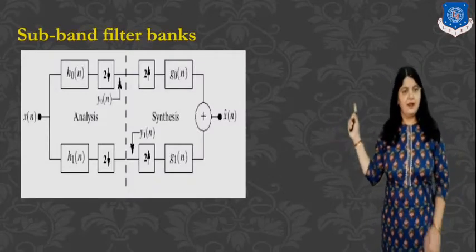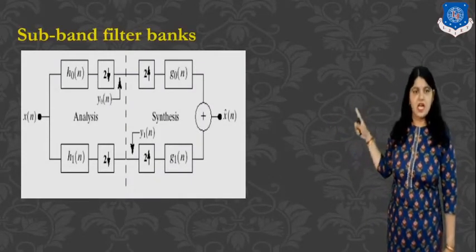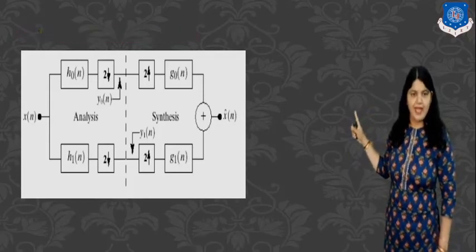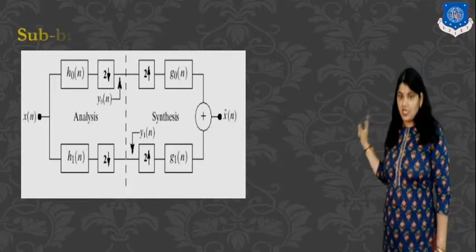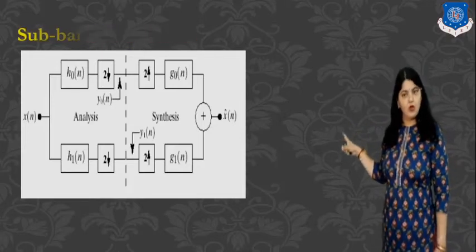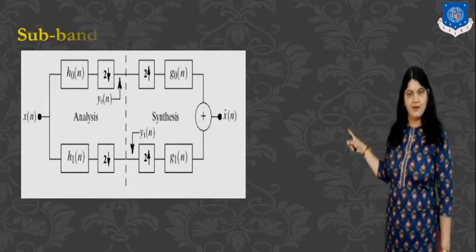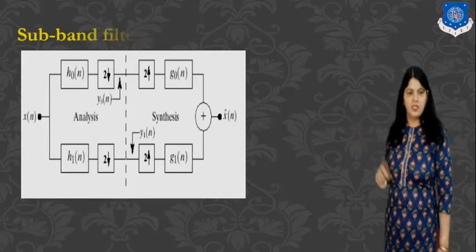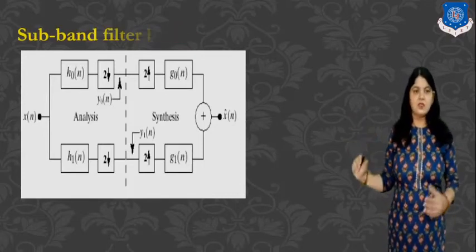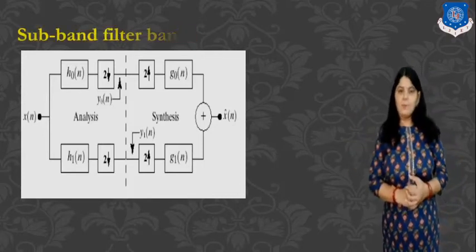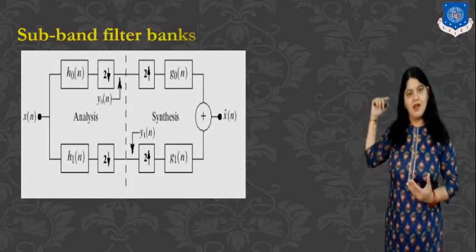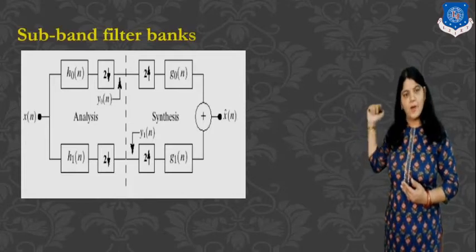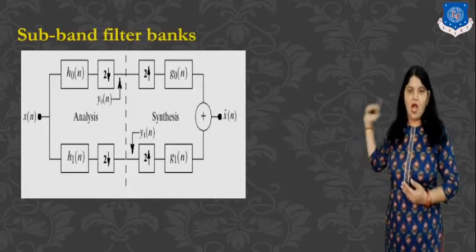This is the diagram of the subband filter bank. Here x(n) is the input sequence or the input image, and the output x cap of n is the output image. Now here there are two parts in the subband filtering. First is h0 of n, downsampling by 2, upsampling, and then the output sequence.